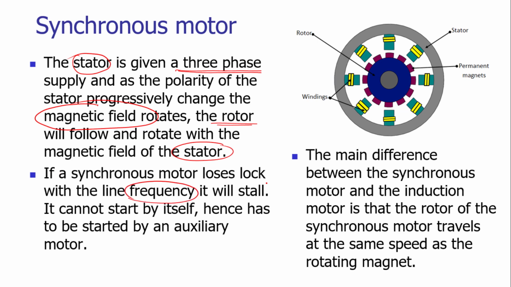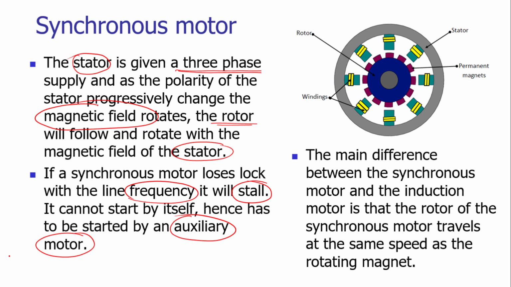In this case, the motor will get stalled, it will get halted. So it cannot start by itself. It doesn't have that facility. So to start the motor in this particular situation, we need an auxiliary motor.